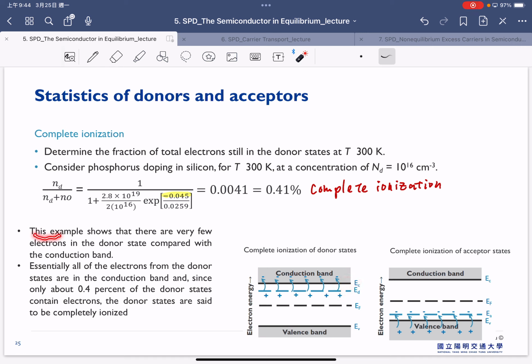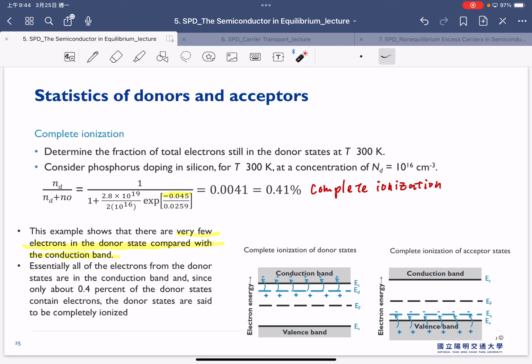This example shows that very few electrons are still in the donor state compared with the conduction band, because only 0.41% are still in the donor state, and more than 99% of the electrons are already in the conduction band.